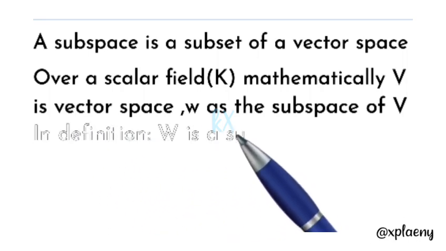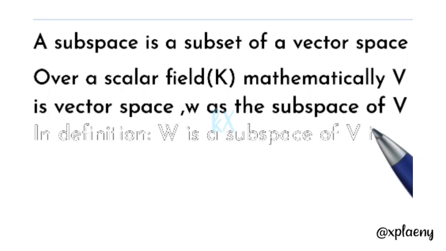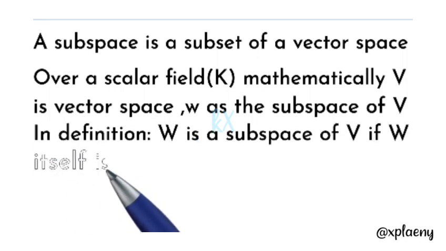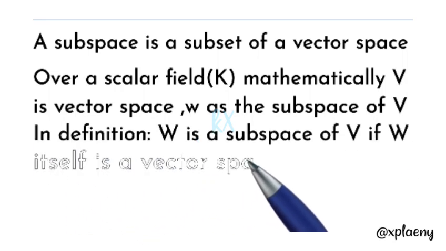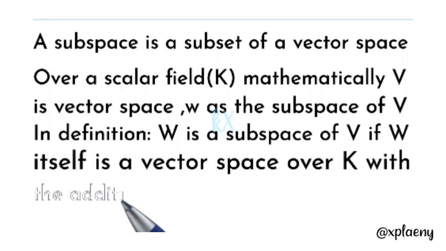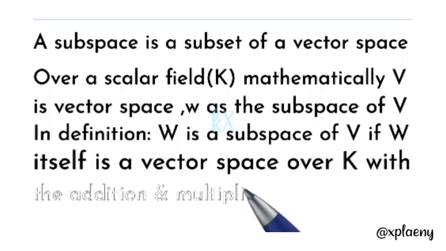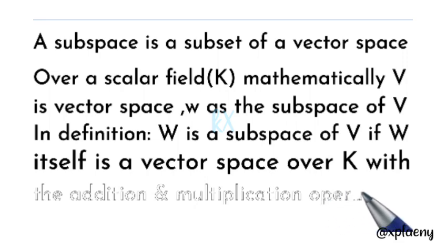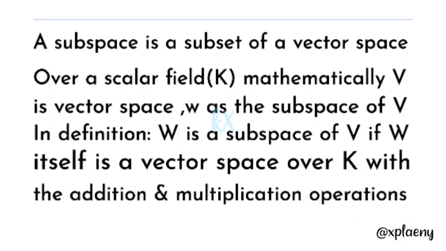When we define what a subspace is, we say that W is a subspace of V if W itself is a vector space over K, that is, over the scalar, with respect to the addition and multiplication operations given in the question. So that's when we can define what a subspace is.